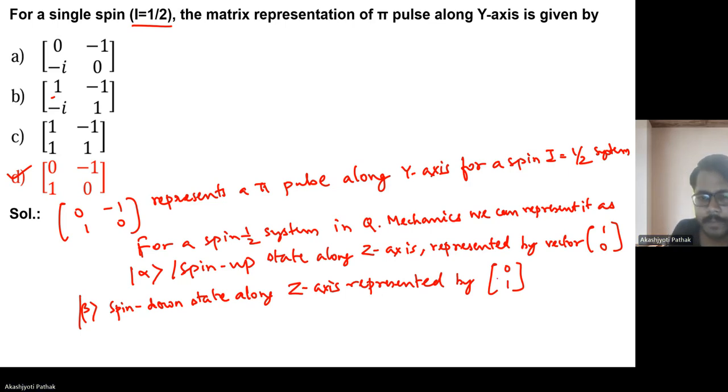Okay, so what do these states tell? These states form a two-dimensional vector space, right?